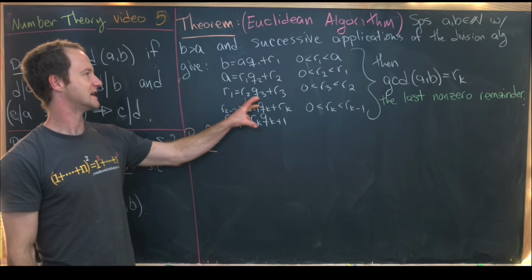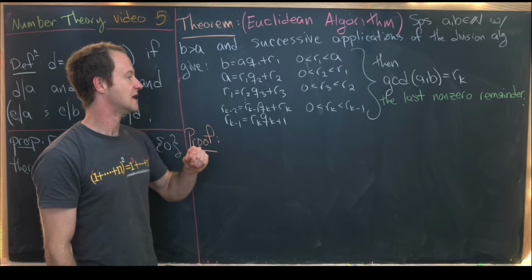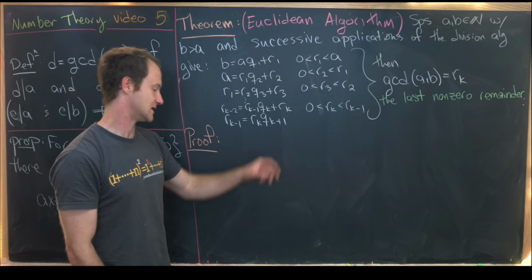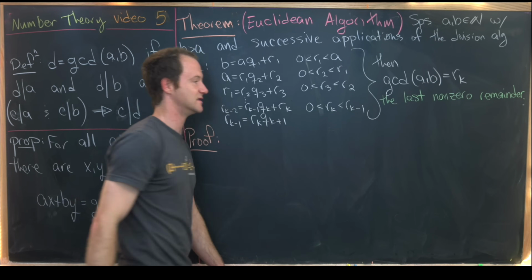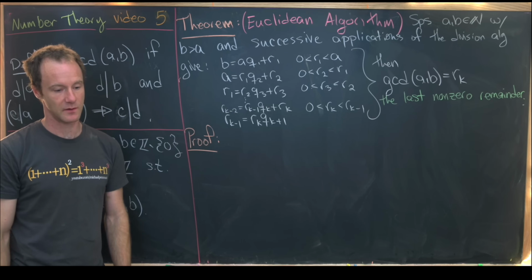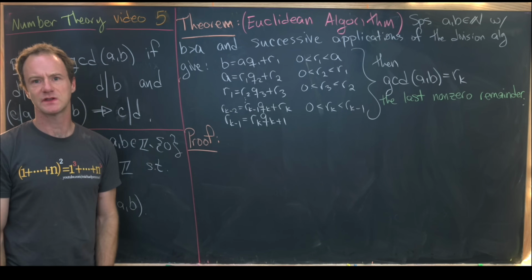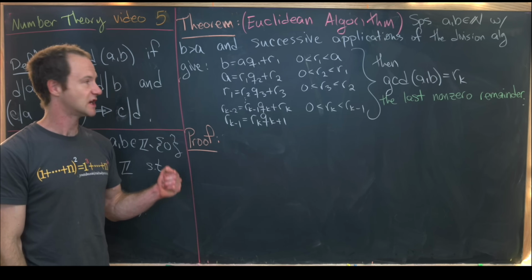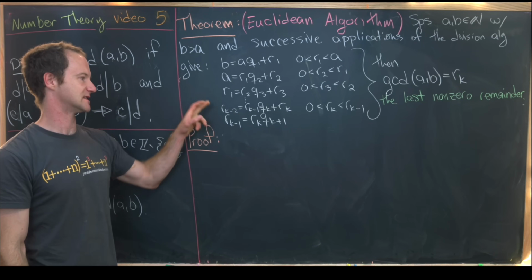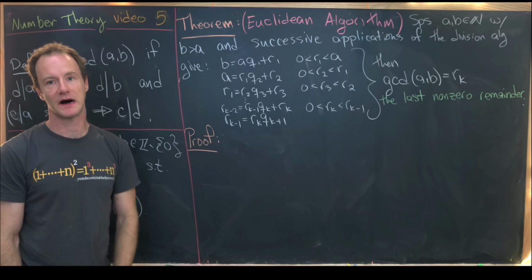Okay, so now we want to get to proving that, in fact, this last non-zero remainder, which I've called r_k, is the GCD of a with b. Okay, so let's maybe see how we can do that. We'll do this by induction. And our induction will be built so that we follow this ladder down all the way to the bottom.